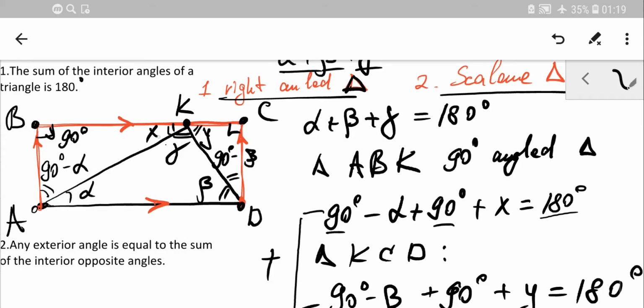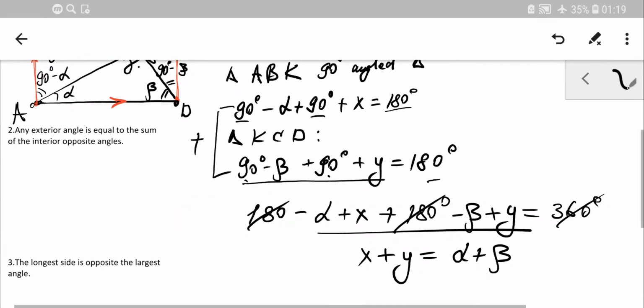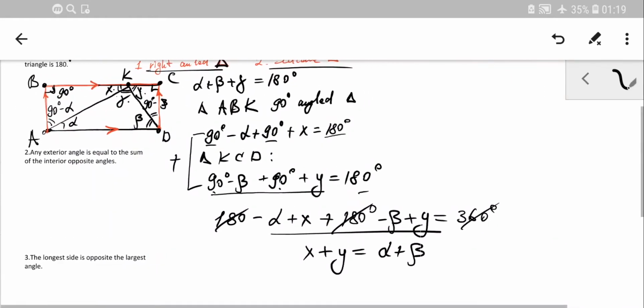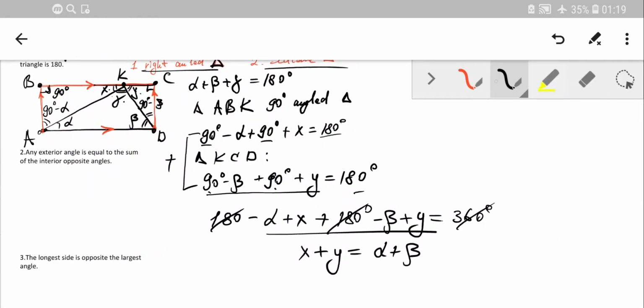Okay, from here we stop for a while and let's look at the angle K. So if we agree it is 180 degrees because it's a straight angle, right? So x plus gamma plus y should be equivalent to 180 degrees. All right, so let's write that. So x plus y and plus gamma will be equivalent to 180 degrees.